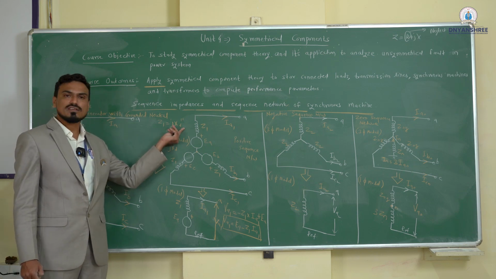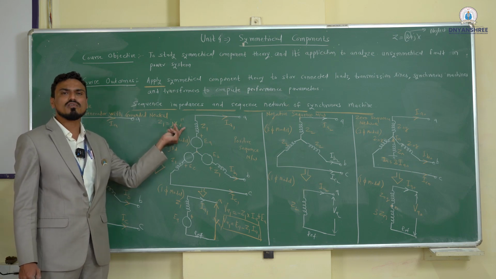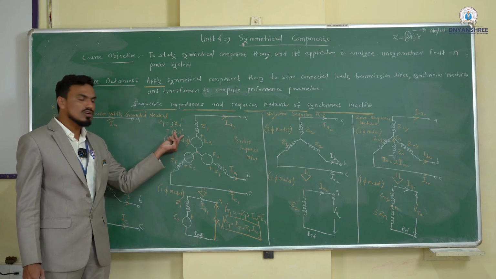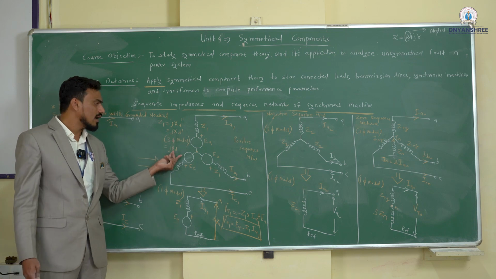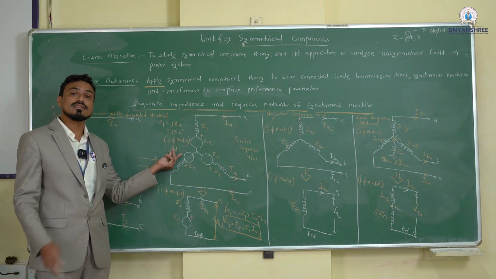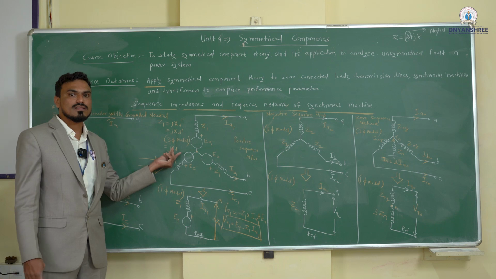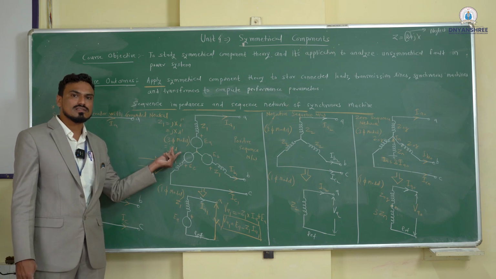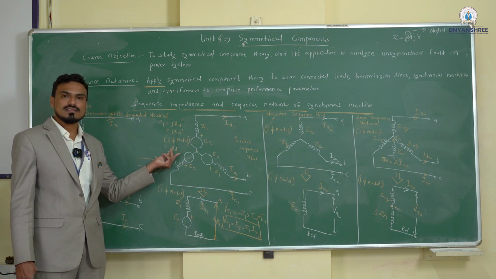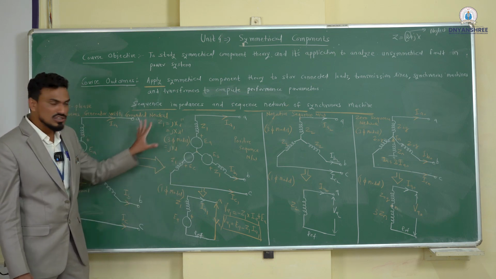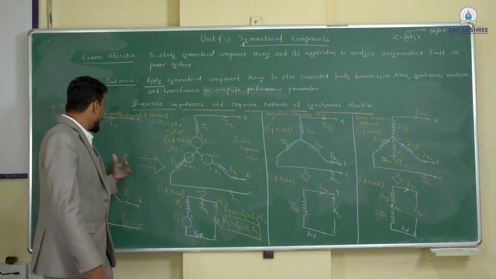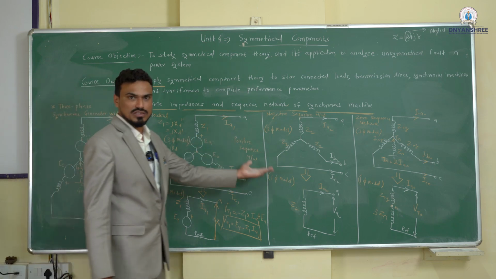The subtransient reactance is present for hardly 1 or 2 cycles. The transient reactance is present for another 3 to 4 cycles, and the synchronous reactance is present after that, when the system approaches the synchronous, steady state. So this is all about the positive sequence set. Now let us resolve the other set, that is the negative sequence set.